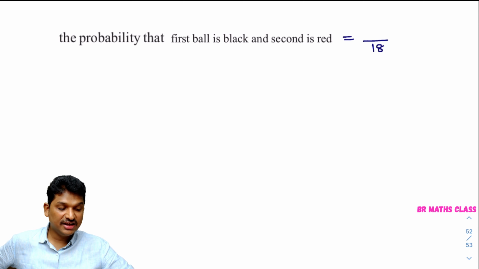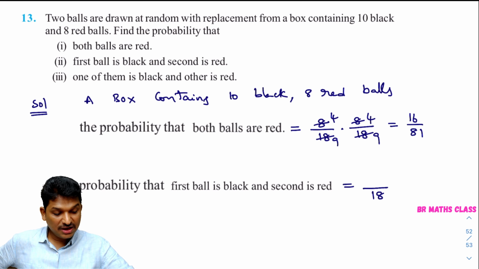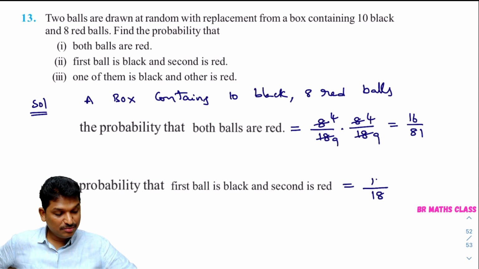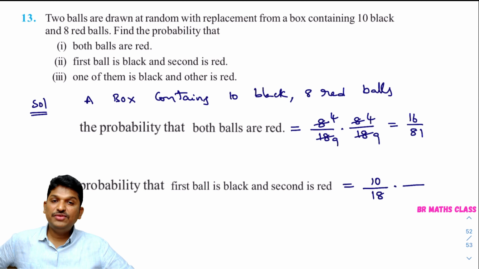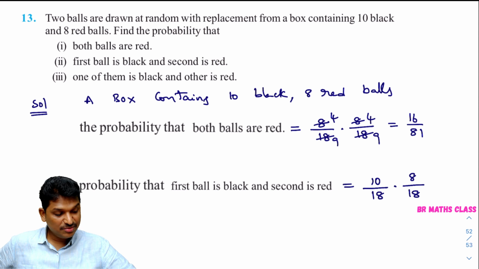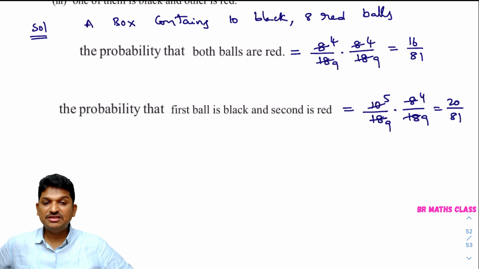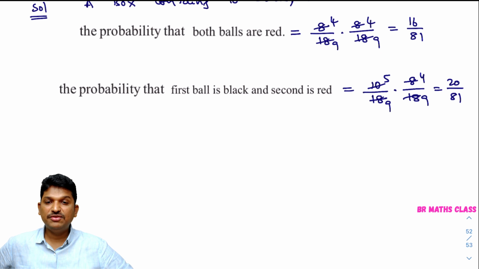Total 18 balls are there. I wrote total number of results. How many black balls are there here? 10 black balls are there. Favorable results are 10. This is 10 by 18, into, we are replacing the ball. Now total number of balls in the box is 18. Now what is the probability that the second is red? Second is red means 8. Now 2 table in this 5 times, 2 table in this 9 times, 2 table in this 4 times, 9 times. That is 20 divided by 9 nines are 81. So the probability that the first ball is black and the second ball is red is 20 divided by 81.